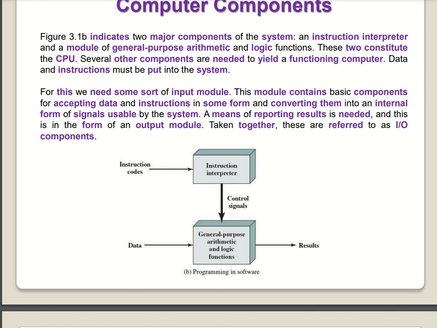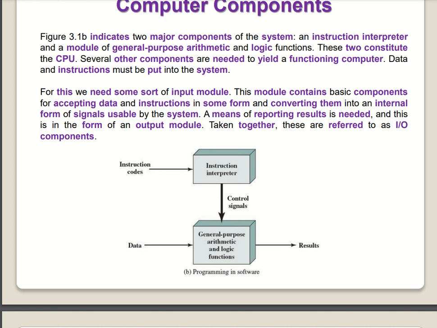Here we need some input module. The input module contains basic components for accepting the data and instructions in some form, and then converting them into control signals, so that the ALU can understand them. A means of reporting the result is also needed, and this is in the form of the output module.